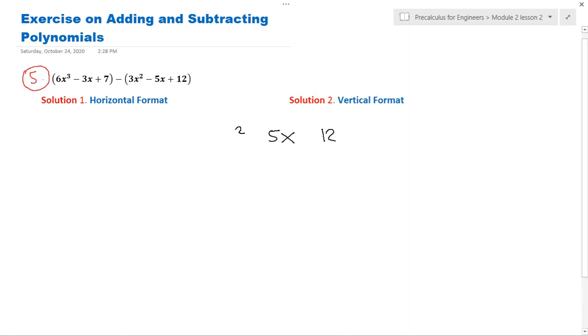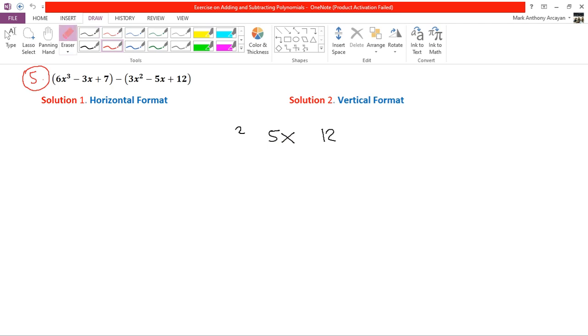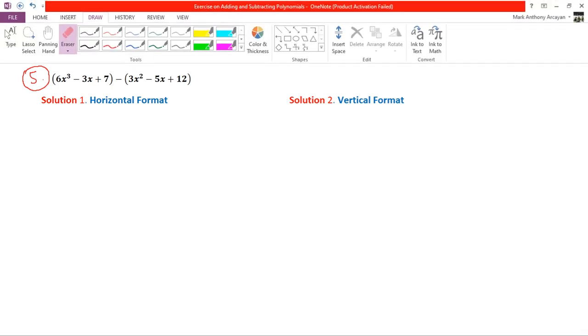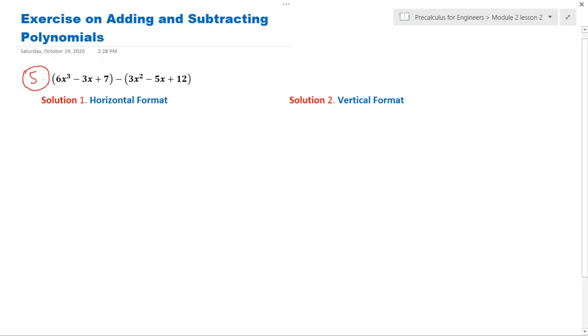So next, how about this one? So meron pang nasulat. Actually, this is from the previous section. Okay. So we have example number 5, still subtraction. So again, write the minuend. So we have 6x cubed minus 3x plus 7.